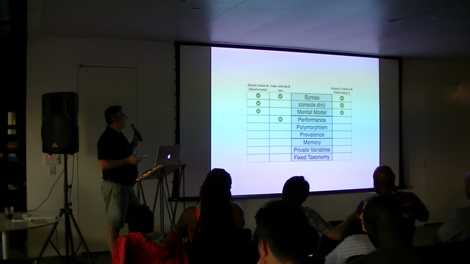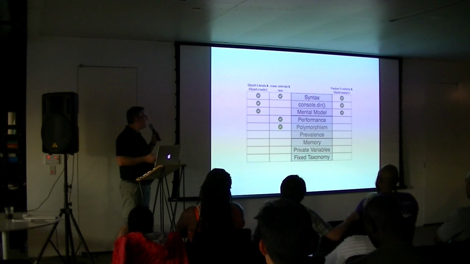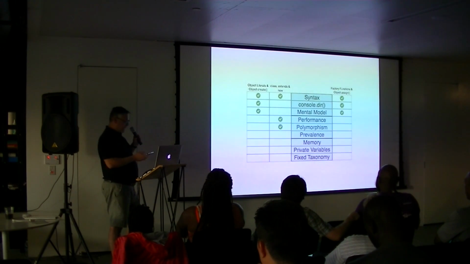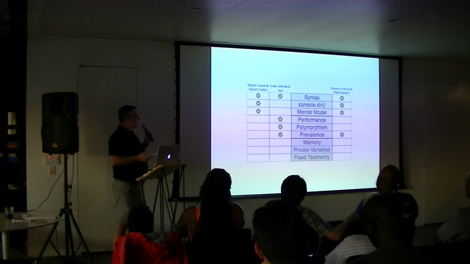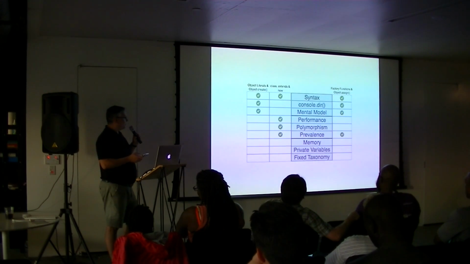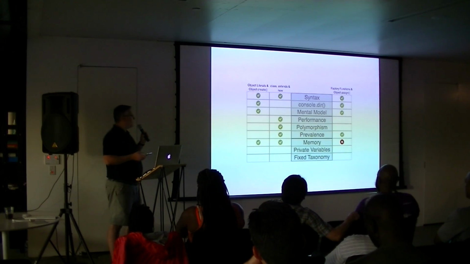Performance, if that's important to you, you're going to favor class. If typing and polymorphism is important, you're going to favor class. Prevalence, class and factories, they're both strongly used and they'll continue to be. With memory, factory functions.